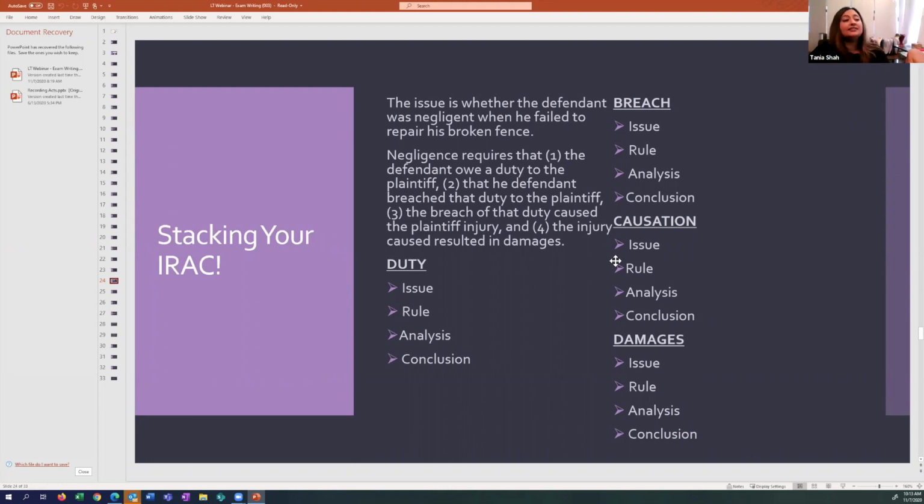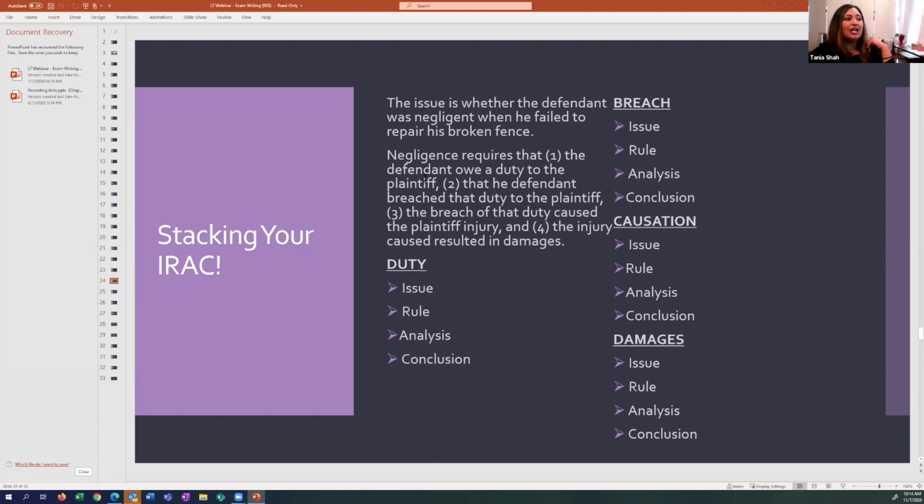And so this is exactly what we mean by stacking the IRAC. If negligence has these elements, this is our umbrella rule. You have an umbrella issue and an umbrella rule. Those are your overarching issue, whether the defendant was negligent when he failed to repair the broken fence, and your top of the funnel rule.